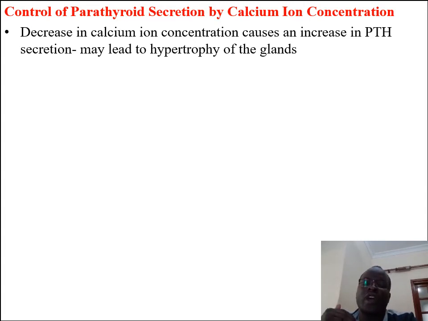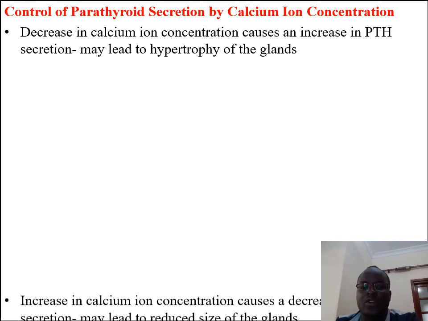So if you have continuous low levels of calcium, or hypocalcemia, it can bring about hypertrophy of the gland itself, because these cells are overstimulated to produce parathyroid hormone, and so they increase in size. So just know that a decrease in calcium ion concentration causes an increase in parathyroid hormone, and this can also lead to hypertrophy of the glands.